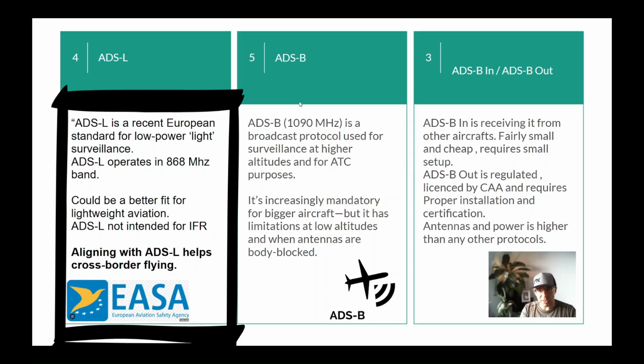ADSL, as I said, was intended for lightweight aviation. It's not intended for IFR flying, just like any other protocols we know of, FLARM or FANET, etc. As we know today, a few manufacturers like XCTracer, Skytraxx and Aire already introduced ADSL into their firmware.